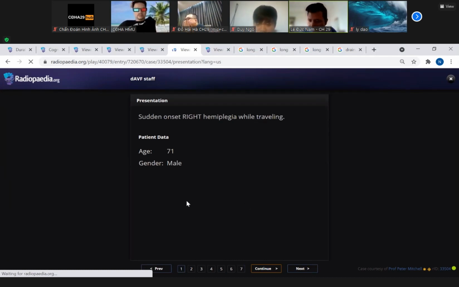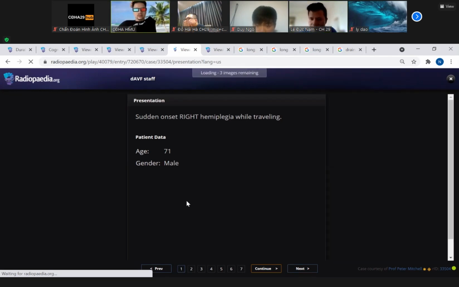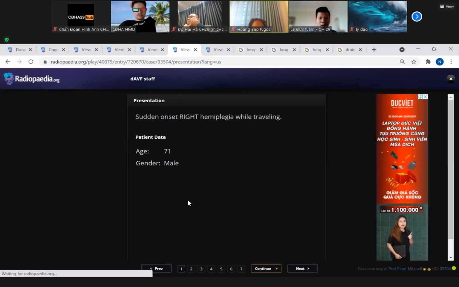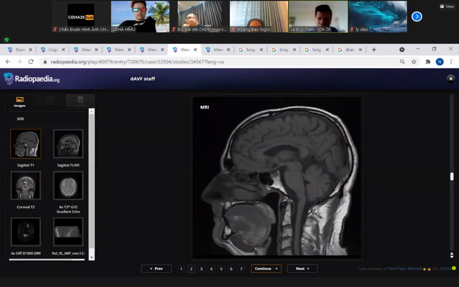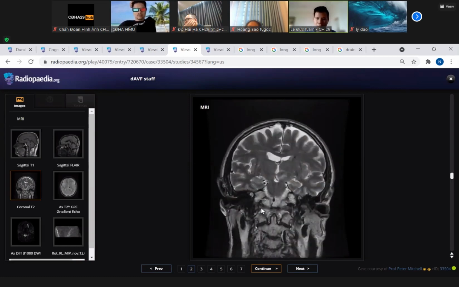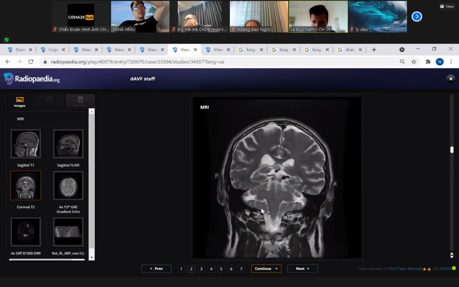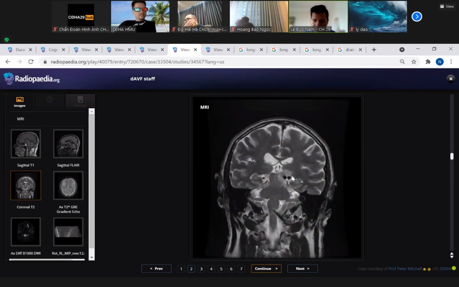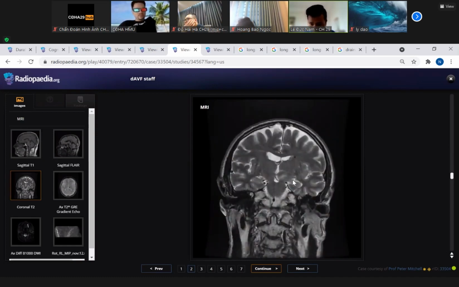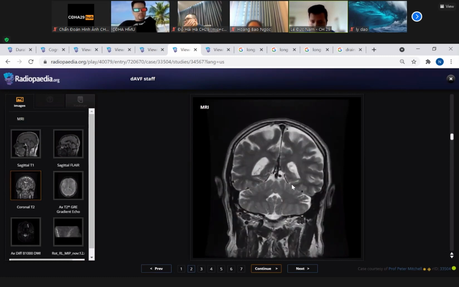Can you see my screen? Yes. This male patient had sudden onset hemiplegia while traveling. On MRI, this is the coronal T2. You see the lesion in the left thalamus with the blood flow.